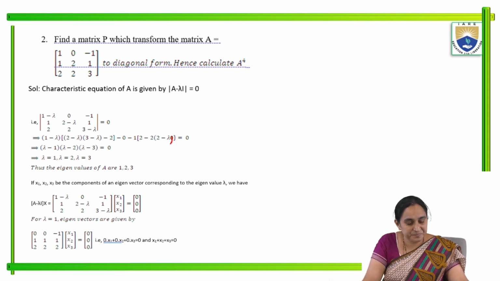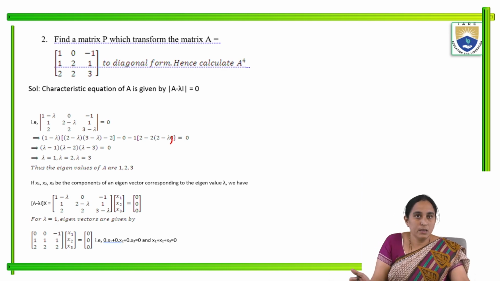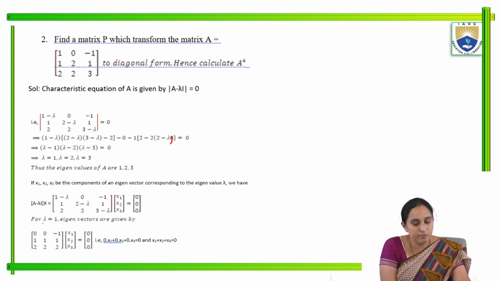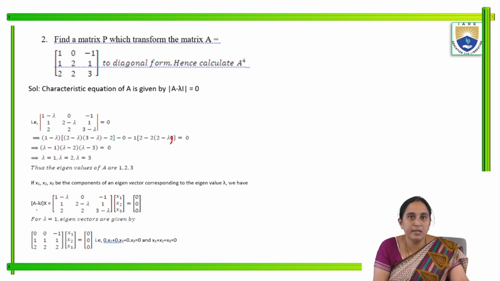If x1, x2, x3 are the components of an eigenvector corresponding to the eigenvalue lambda, we have (A minus lambda I) into x, that is the matrix with rows (1 minus lambda, 0, minus 1), (1, 2 minus lambda, 1), (2, 2, 3 minus lambda) times (x1, x2, x3) is equal to (0, 0, 0).